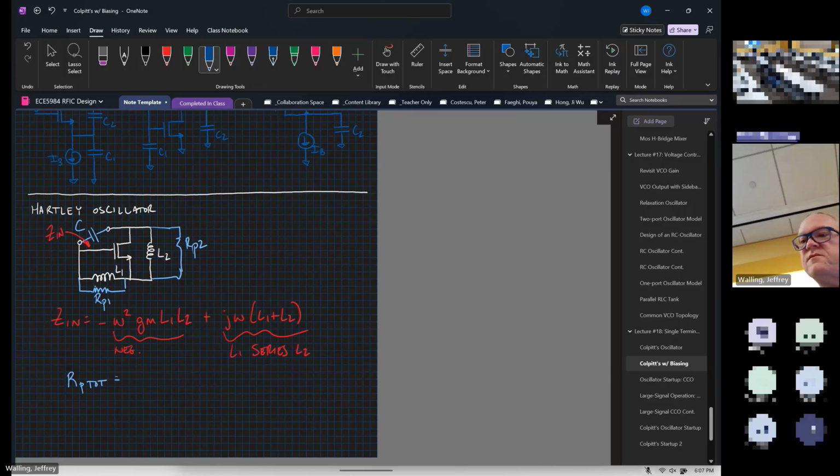RP total is equal to RP1 plus RP2. That needs to be less than the magnitude of the negative resistance, and of course the oscillation frequency is 1 over 2 pi square root of C times L1 plus L2.